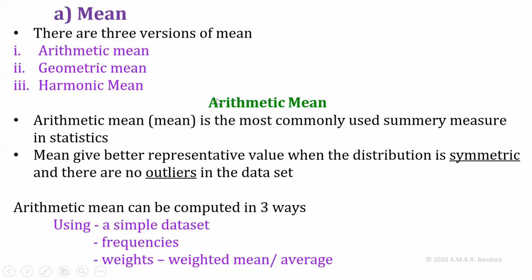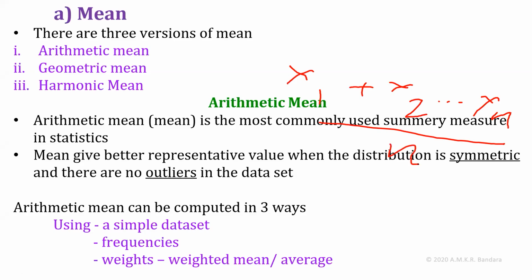In the arithmetic mean, what we are doing, we are adding each observation. We are adding first observation x1 plus x2 up to xn and divided by number of observation.